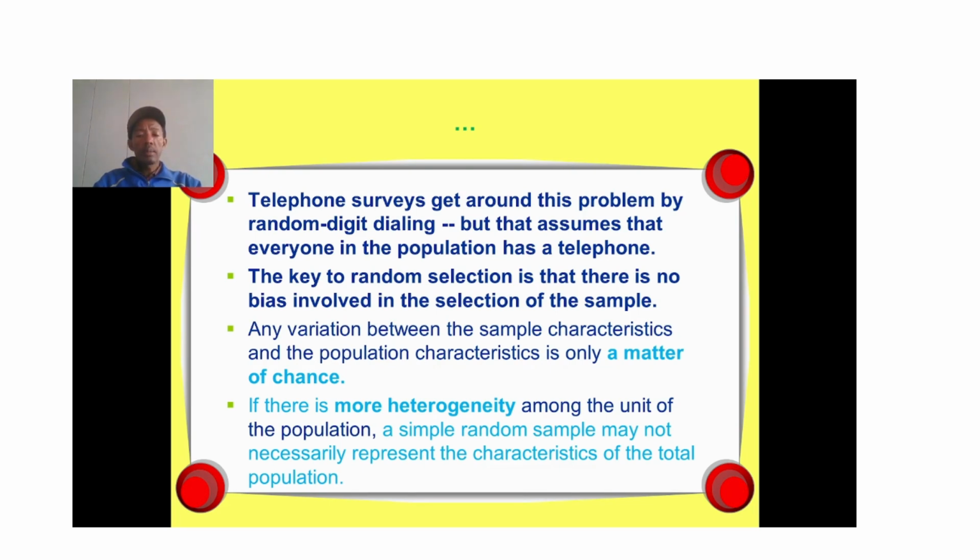So simple random sampling is not used for heterogeneous population. If the units of the population are heterogeneous, we cannot use the simple random sampling because simple random sampling assumes that the population is homogeneous.